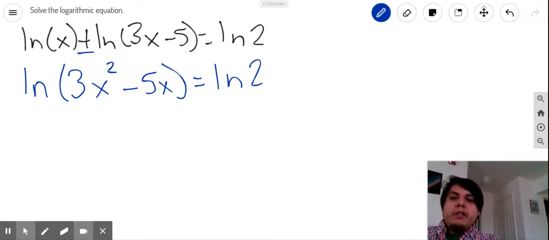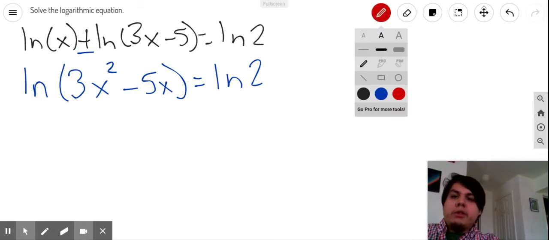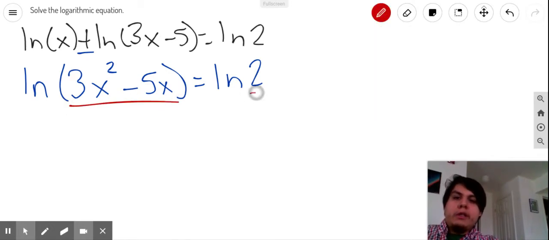And the reason why we do this is natural log of some value on the left side should equal natural log of a value on the right side. Because the left side and the right side equal each other, that means the values inside of the logarithm should also equal each other.